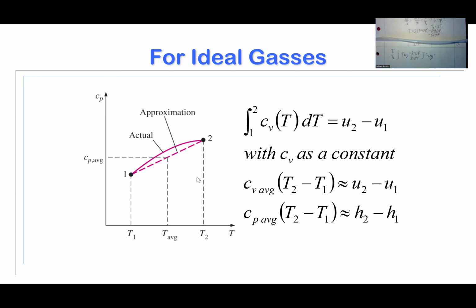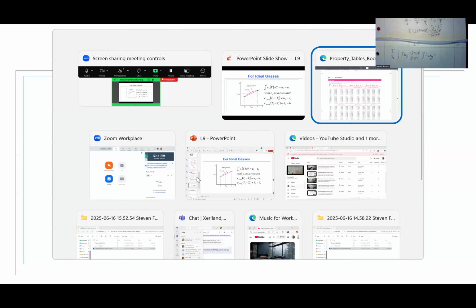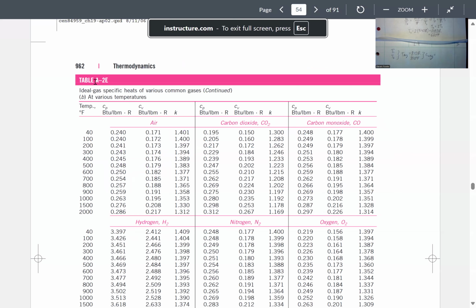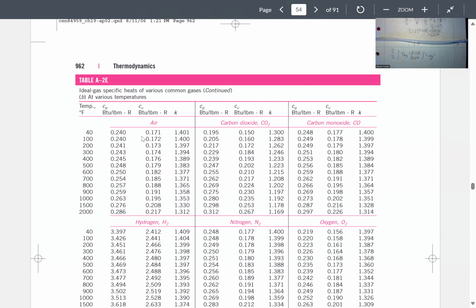Okay, so if I go now to the property tables, this is table A-2-E. This is air at different temperatures. This one is in Fahrenheit, so you need to look: is it in Fahrenheit or Rankine? Is it in Celsius or Kelvin? Because I think the metric tables are actually in Kelvin, but these are in Fahrenheit. Notice I have a row for 300 and a row for 400, but I don't have a row for 350.